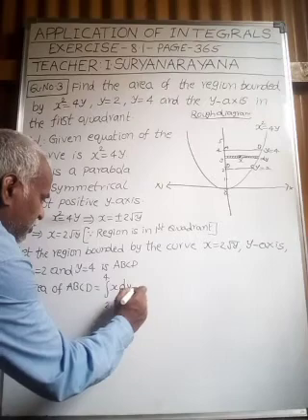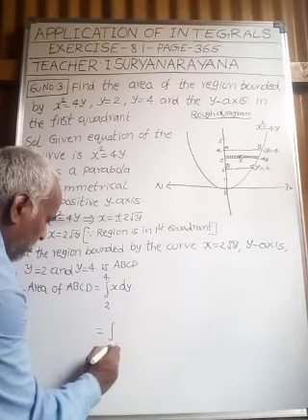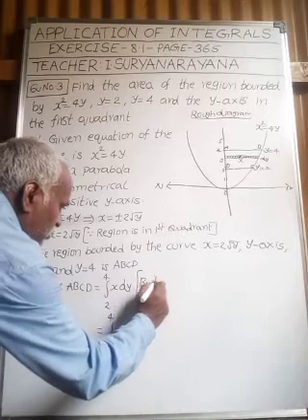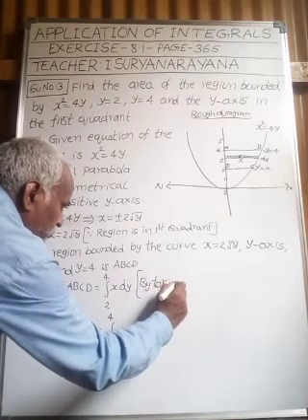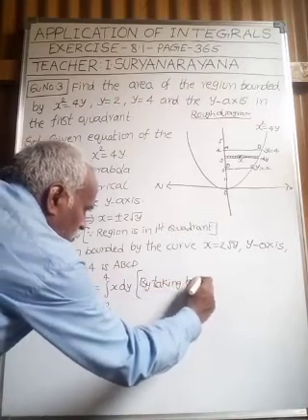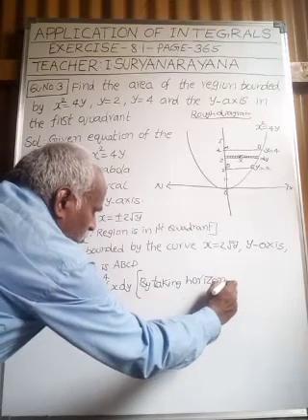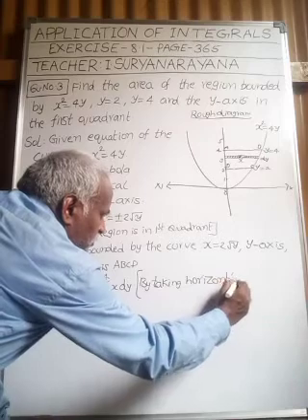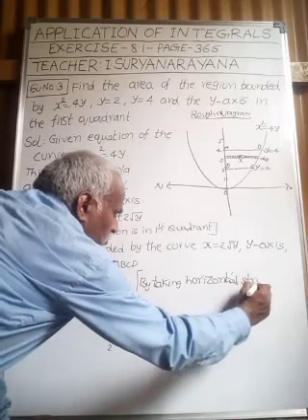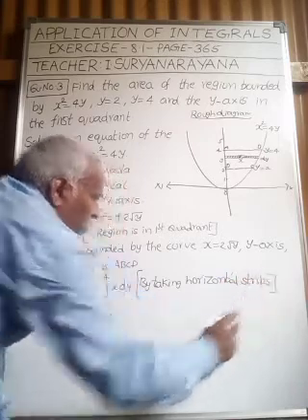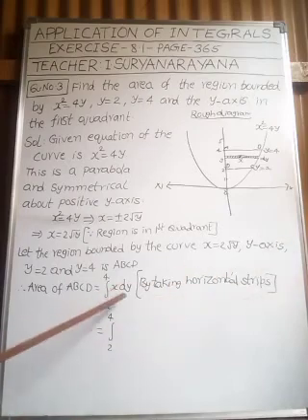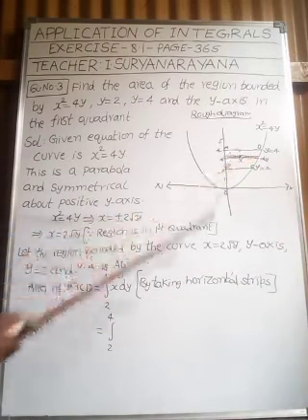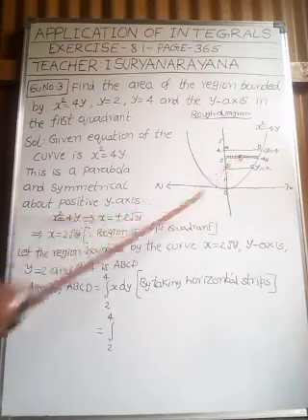That is equal to integral 2 to 4, by taking horizontal strips. By taking a horizontal strip, x dy is the area of this rectangle.